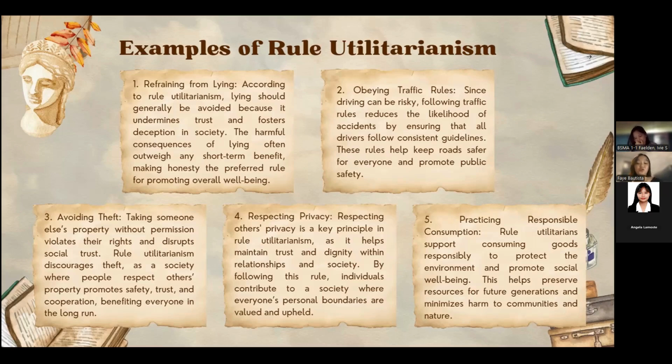It supports autonomy and dignity across society. Lastly is practicing responsible consumption. Consuming goods sustainably protects resources for future generations. This approach also reduces harm to vulnerable communities and the environment.